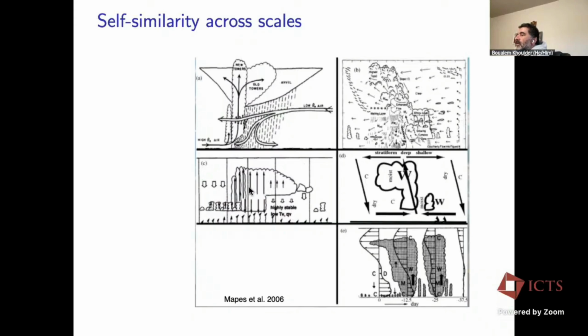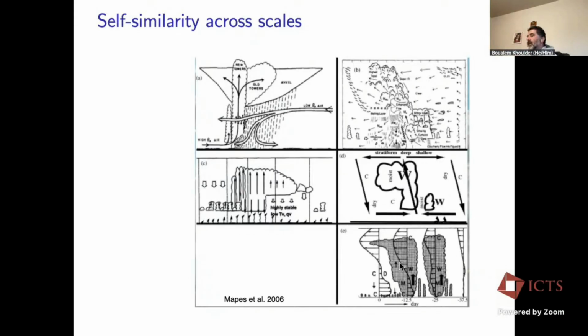These are more like mesoscale systems, and Kelvin waves also have the same structure, and the Madden-Julian oscillation as well. So these are all at different scales, but yet they have the same kind of structure.